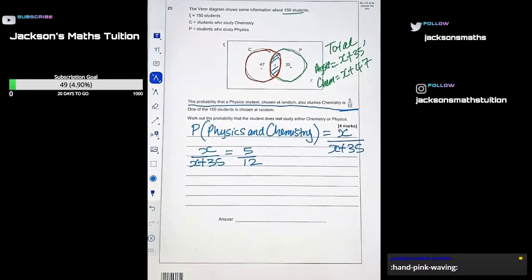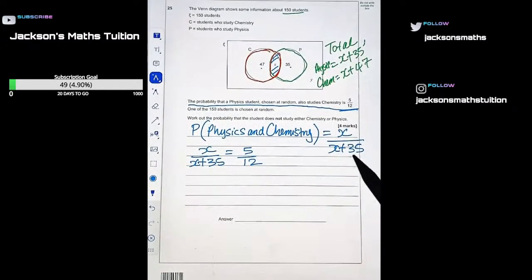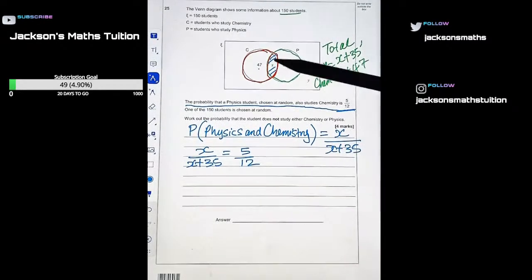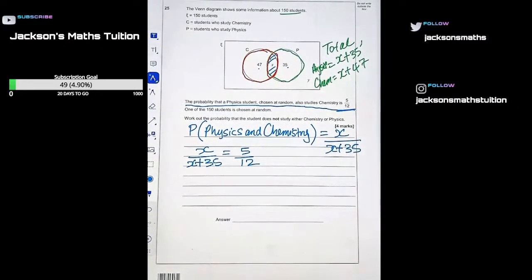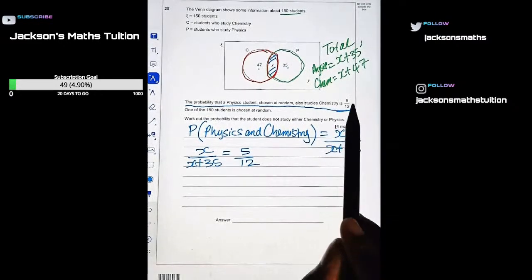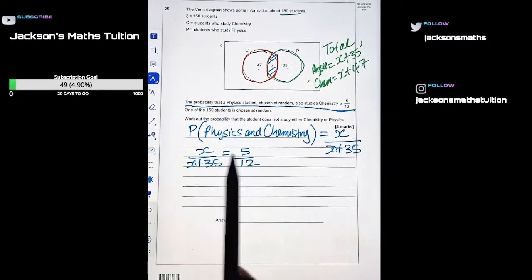If you're picking a physics student, then X plus 35 has to be your denominator in the probability. And if you're picking a student that studies both, then you're choosing from the X here. So you put X on top. And they told us that probability is equal to 5 over 12, so you equate it to 5 over 12 to get the equation.